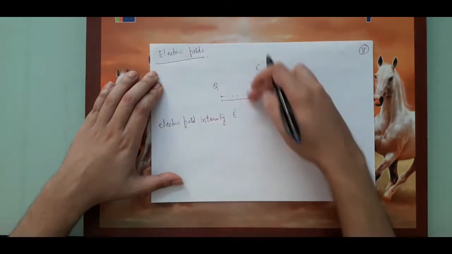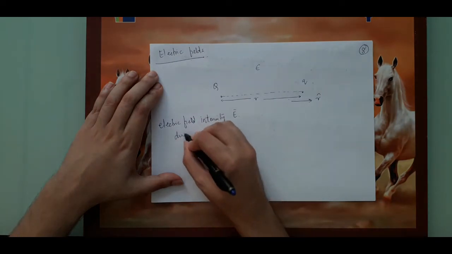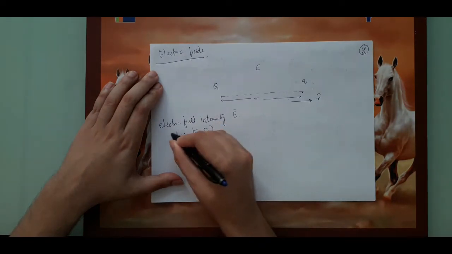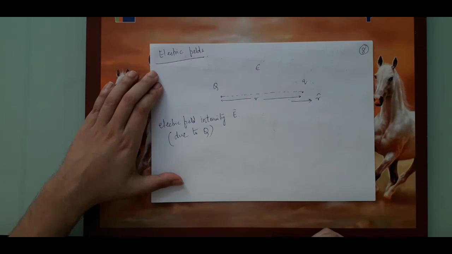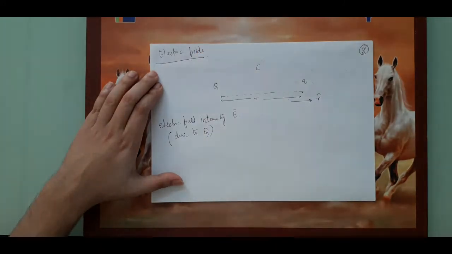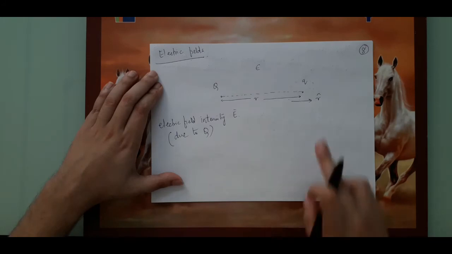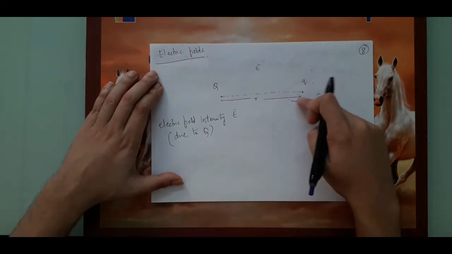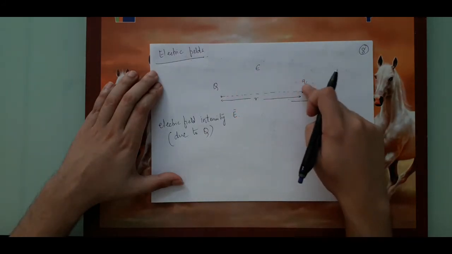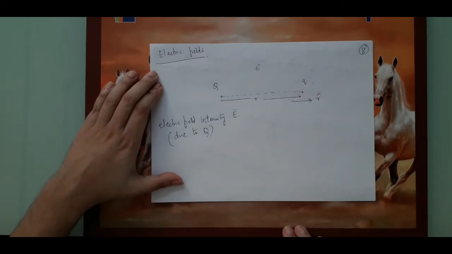then the electric field intensity due to Q, that means what is the field along this charge Q? As I mentioned briefly earlier, it is an indication of the force that is experienced by any other charge in the vicinity.